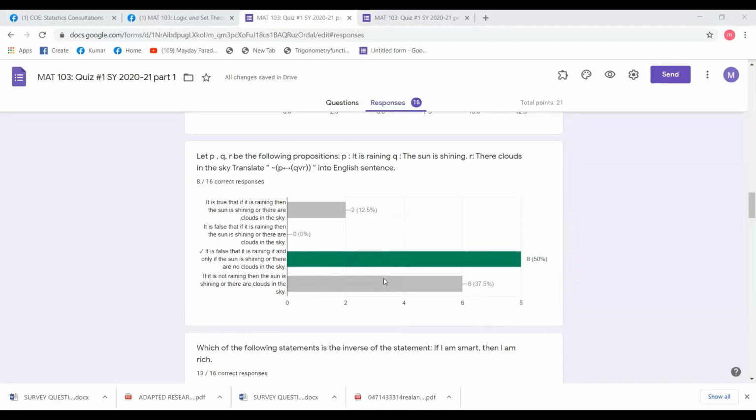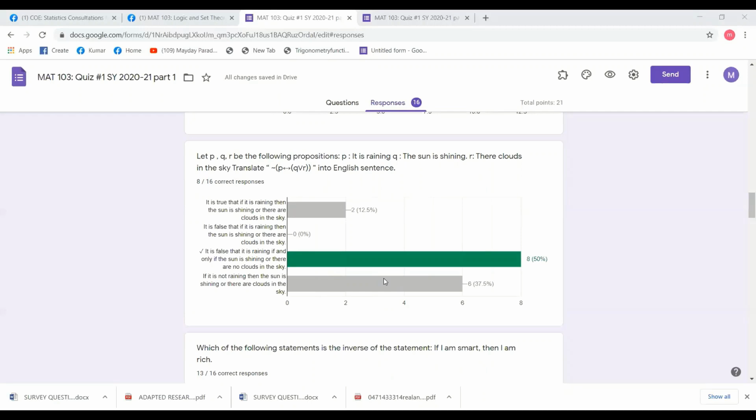Here we have 50%. Let P be the following proposition: it is raining and the sun is shining. Then R is: there are clouds in the sky. Translate the following. We have a negation sign there, so we could say it is not true that, or it is false that.